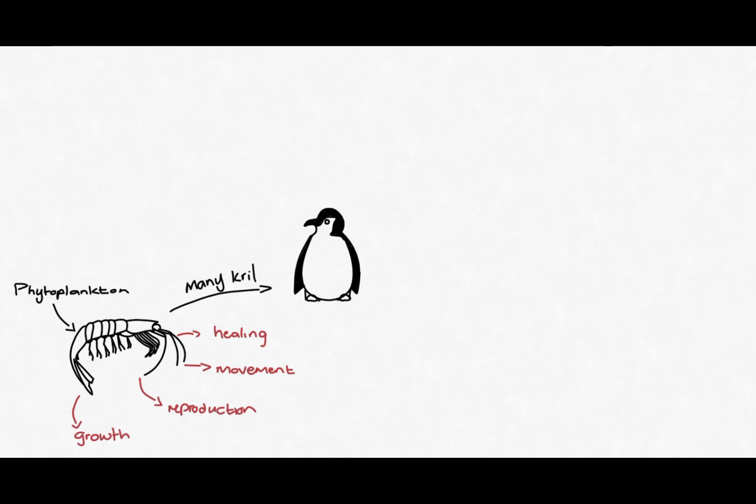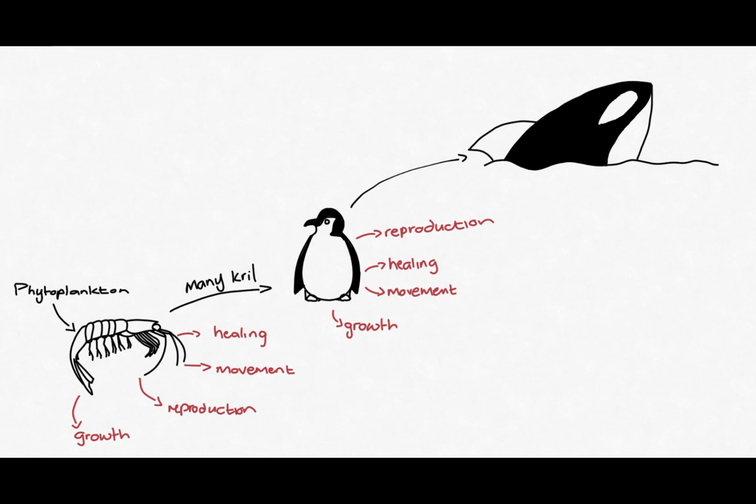This penguin will then use the energy it obtained from the many krill it ate for growth, movement, healing, and reproduction. We then have our orcas that would eat many penguins to sustain themselves. In turn again, the many penguins ate many more krill, and the many more krill ate even more phytoplankton.